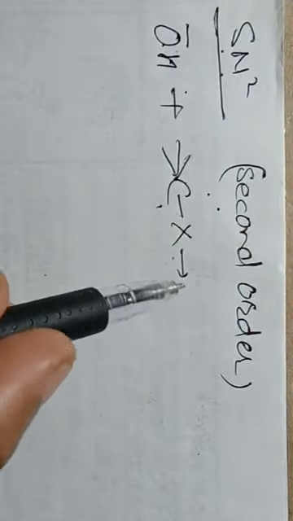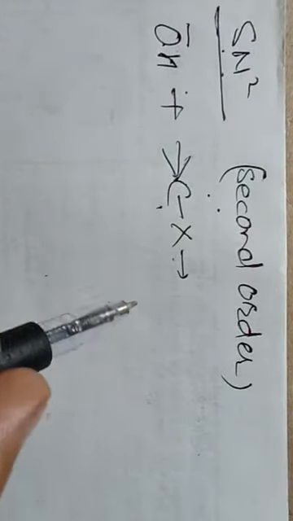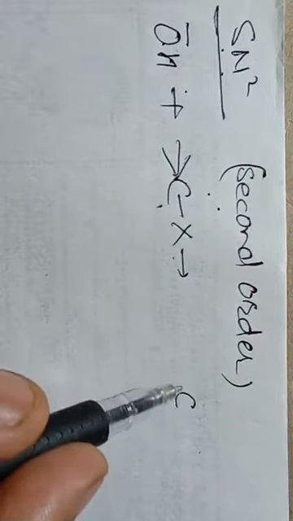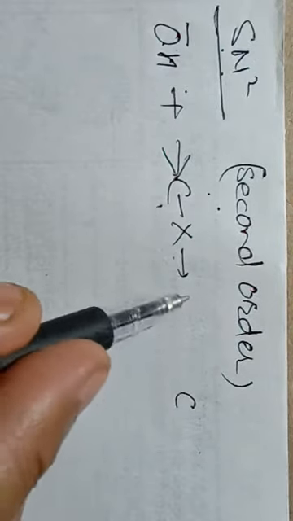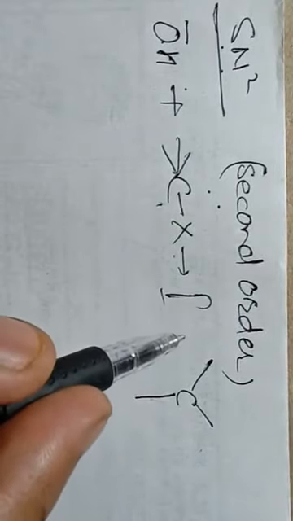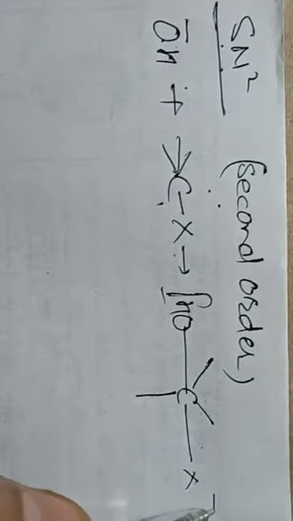Okay children, so when this nucleophile attacks on this base compound, an intermediate state is formed, which is known as the transition state. In this transition state the central carbon atom is pentavalent.